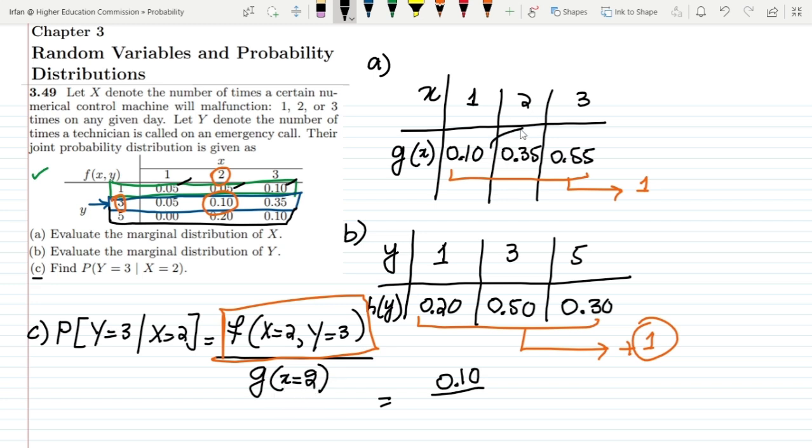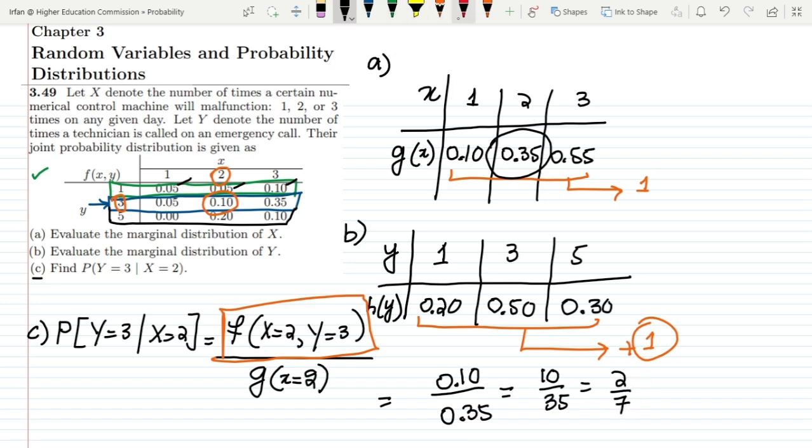Yes, this is already known, and this is 0.35. Okay, so 0.35 has been obtained from the values 0.05, 0.10, 0.20. So adding them together, I will have here 10 divided by 35, or 2 by 7.